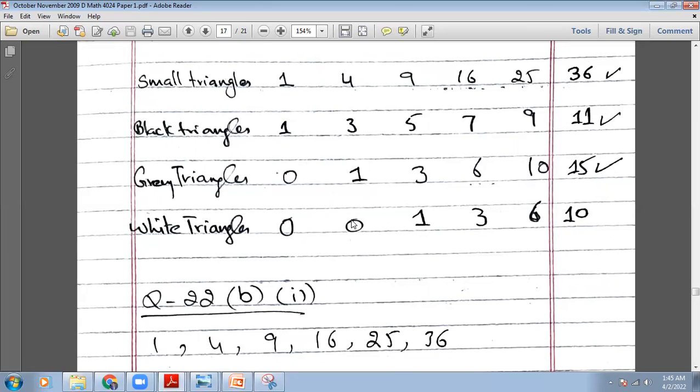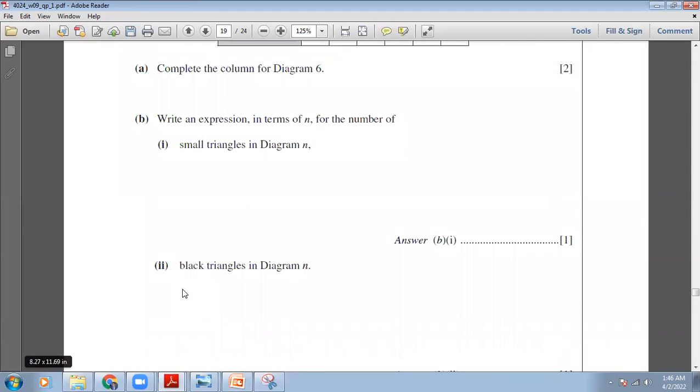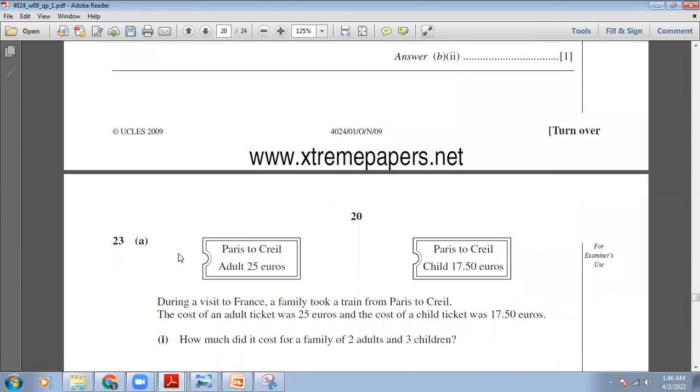Here you added 0, then 1, then 2, then 3, then you will add 4, so you get 10. So we are done with this.